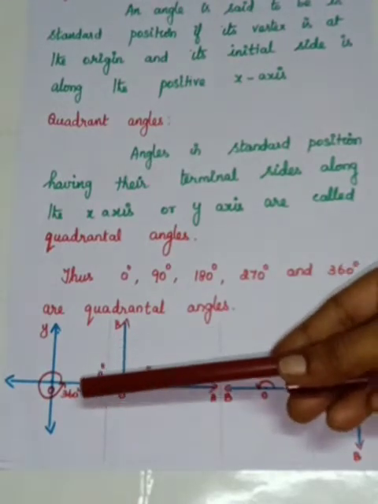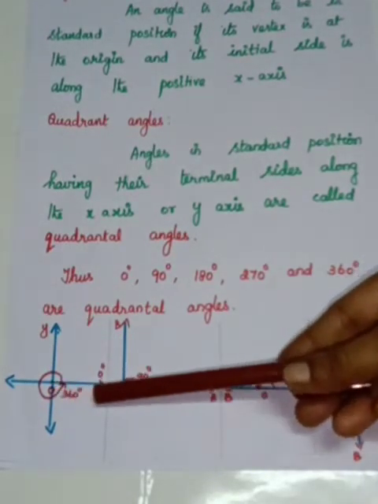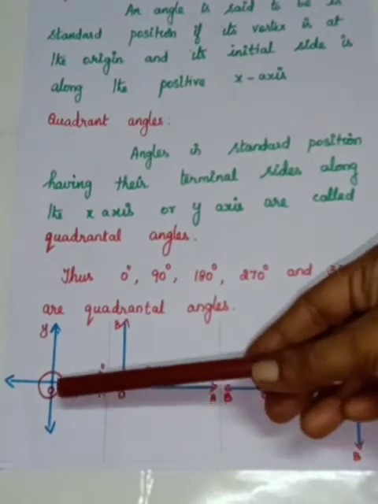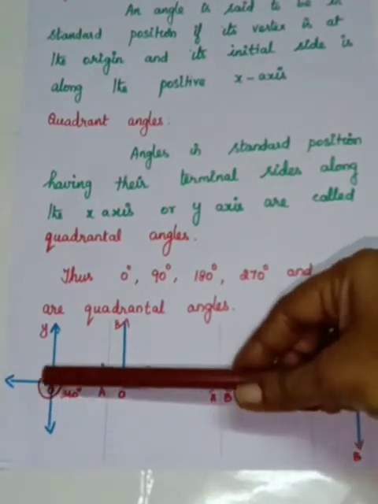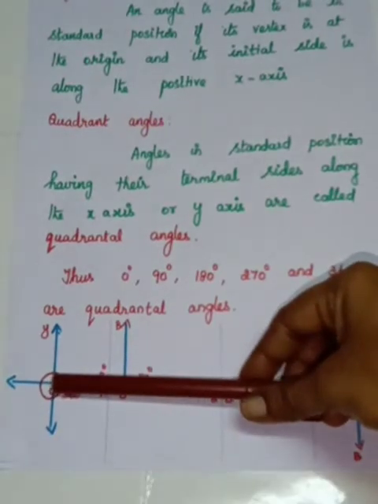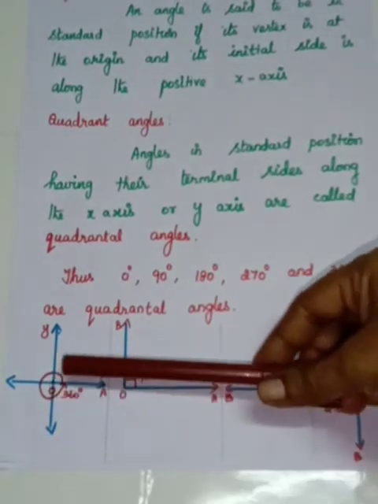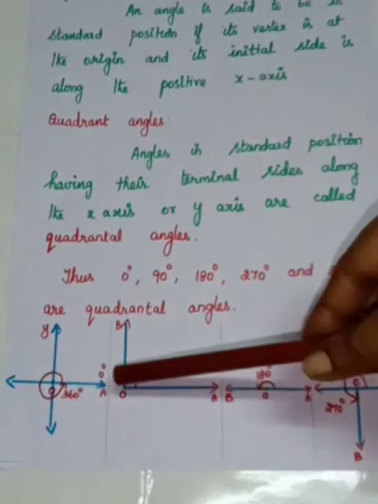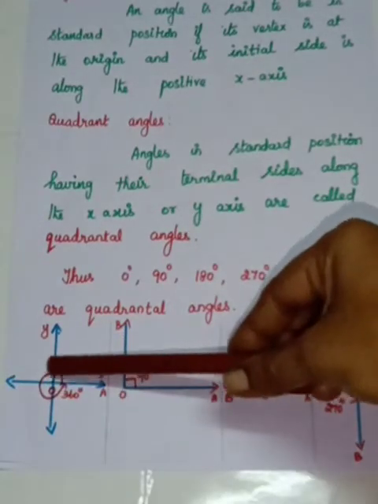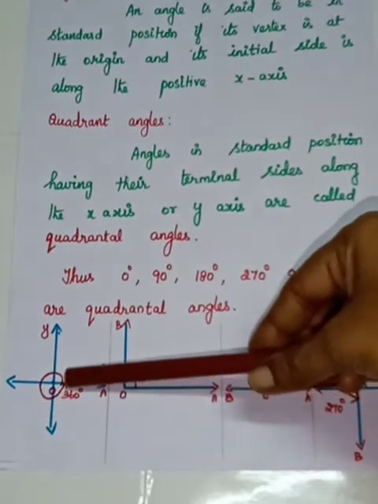Okay, you see now, the same thing, the angle in the standard position: the vertex is at the origin and the initial side is on the positive x-axis, and see the terminal side also, that is OB, is in the same position after making one complete rotation.